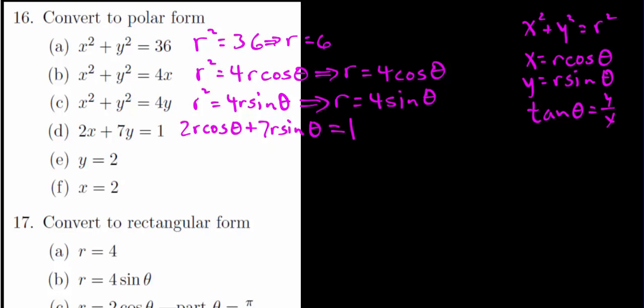Then I factor out the r and divide, and I get r is equal to 1 over 2 cosine theta plus 7 sine theta. So you get something, 2x plus 7y equals 1. Didn't look bad, but this one looks ugly.